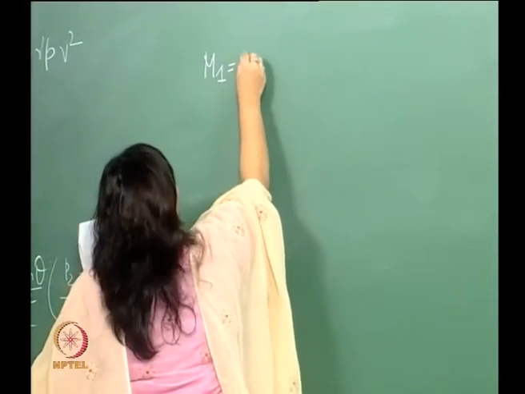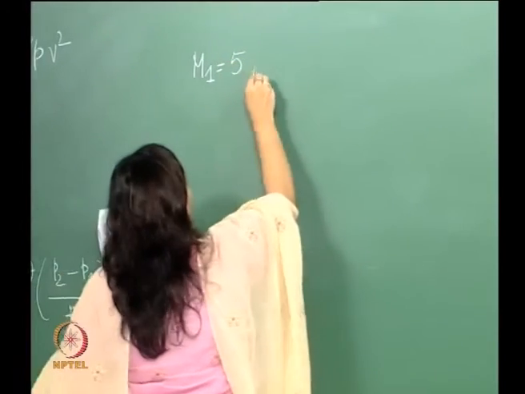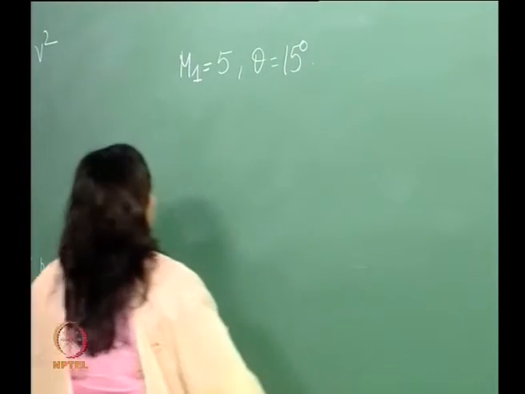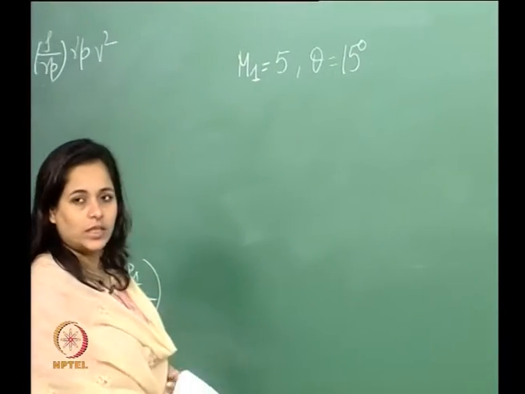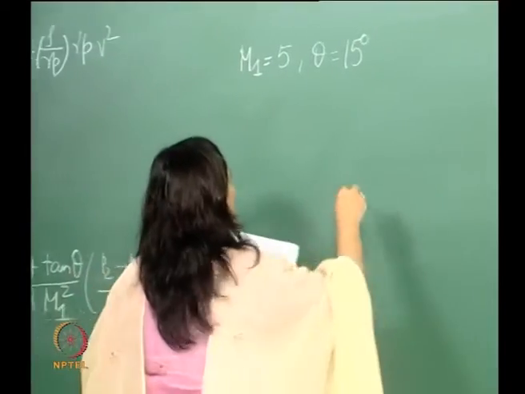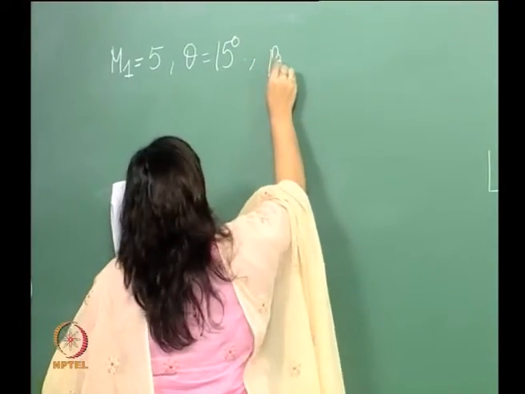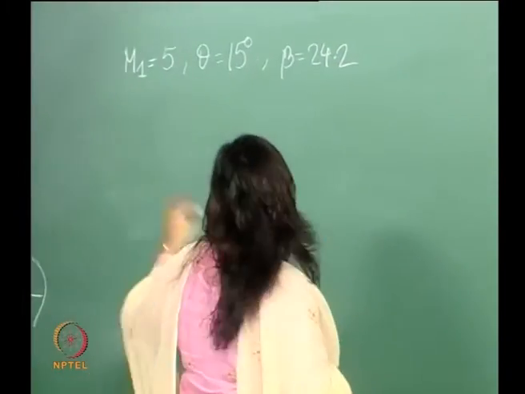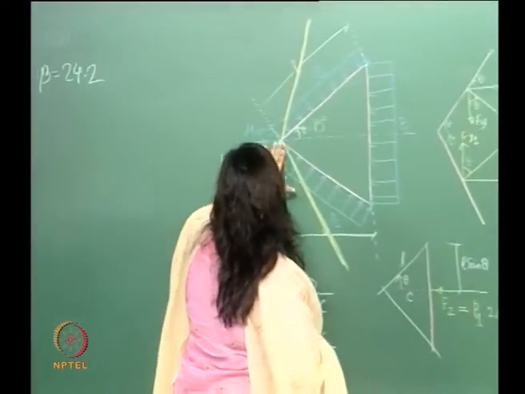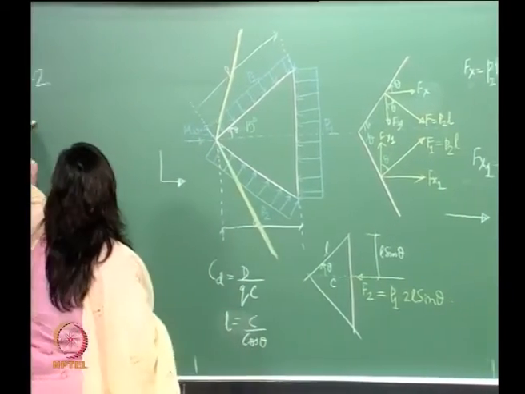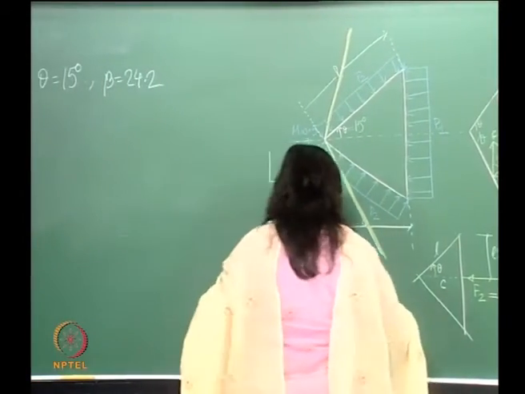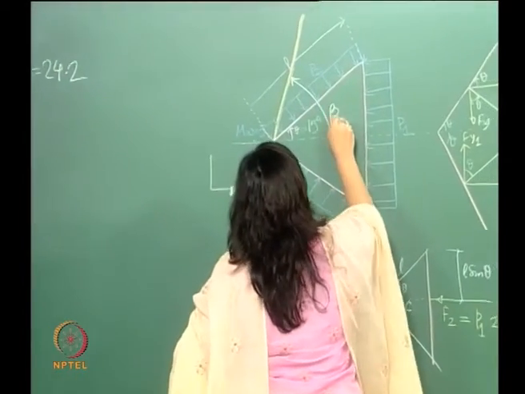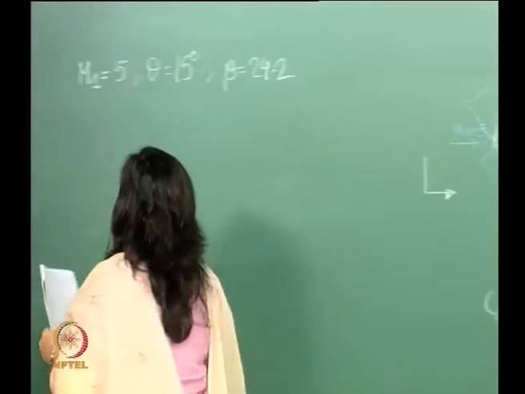So the Mach number is 5 and theta is equal to 15 degrees. Using the charts of the theta beta M relationship, we get a beta in this case of 24.2. So this is the incoming Mach number, which we know, theta is given, so we find out the shock wave angle, this beta, to be 24.2, right?